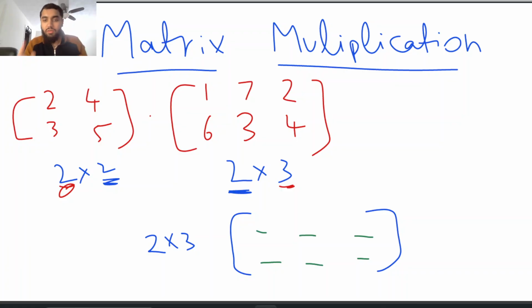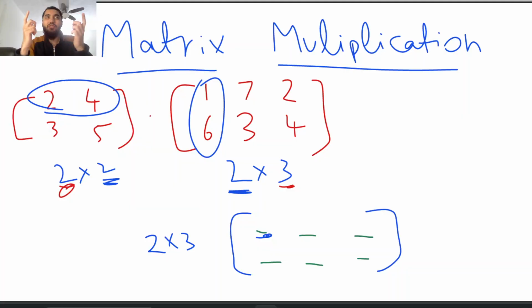Alright. So next step, you fill in the blanks. This here would be the first row and the first column. To get that value, you take the first row of the first matrix and the first column of the second matrix, and you do a dot product.